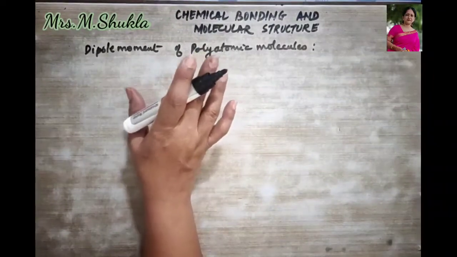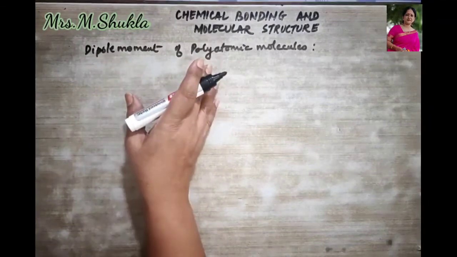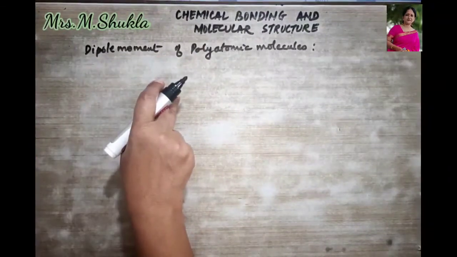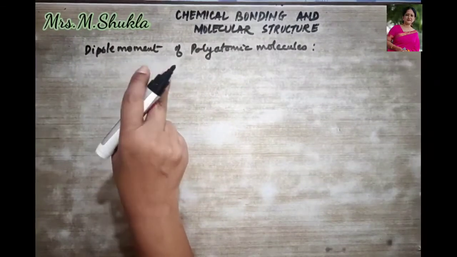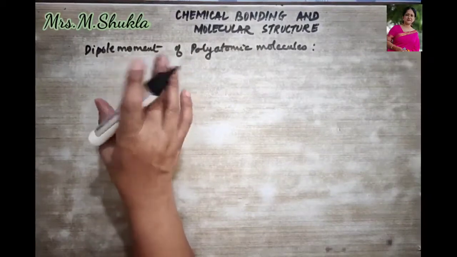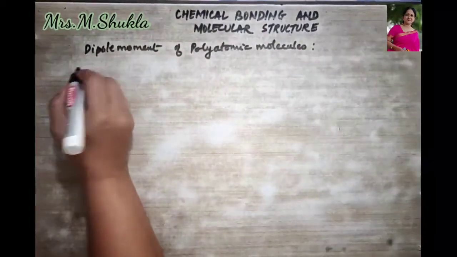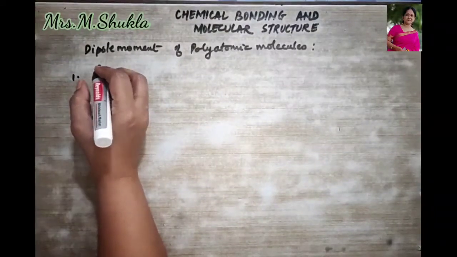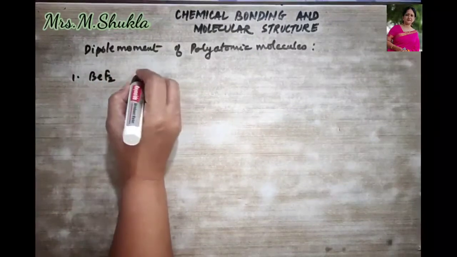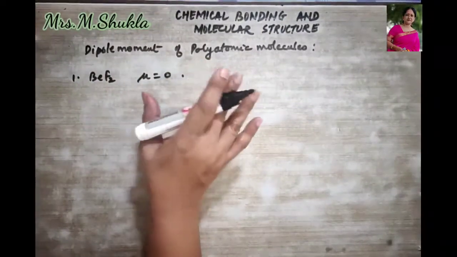If equal dipoles are directed in opposite directions and the bond angle is 180 degrees, that means it is forming a linear structure, then the dipole moment of the molecule will always be 0, though each bond has a dipole moment, right? For example, let's talk about the dipole moment of beryllium fluoride, which is 0. Now why is it 0?